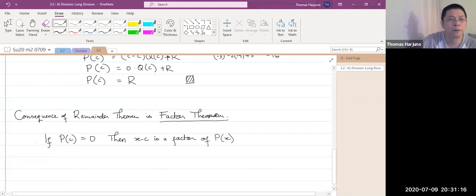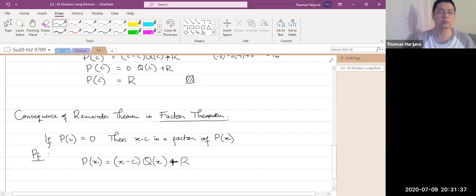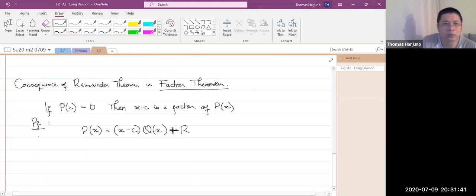The proof. From the remainder theorem, we see the following, that P(x) equals x minus c times Q(x) plus r. Right? Now, what happens if r is 0?